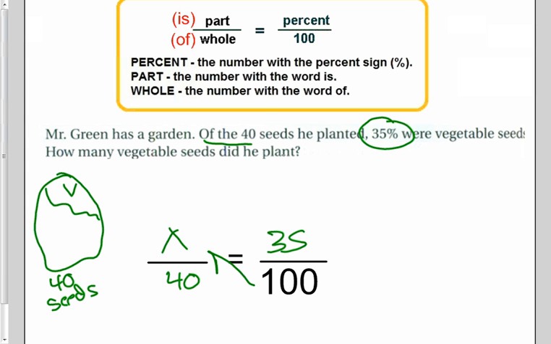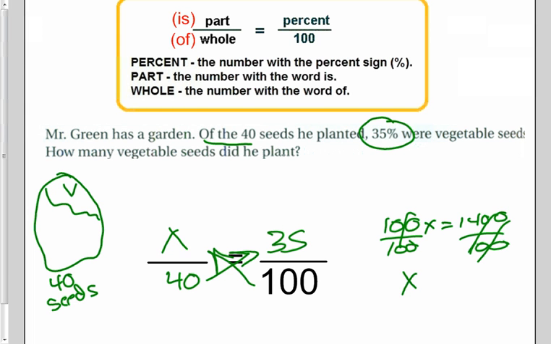So 100 times x is equal to 40 times 35, which is 1400. And we'll simply divide both sides by 100.